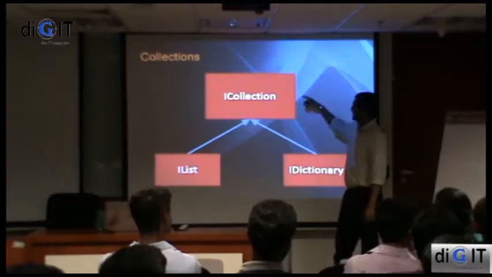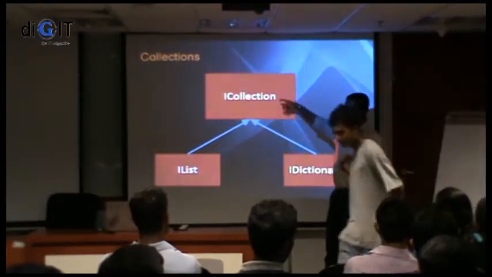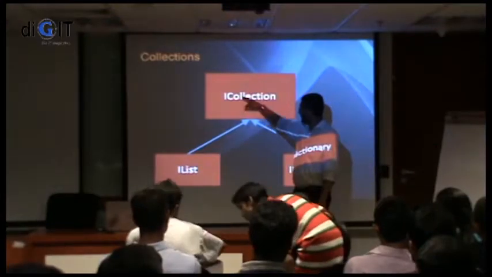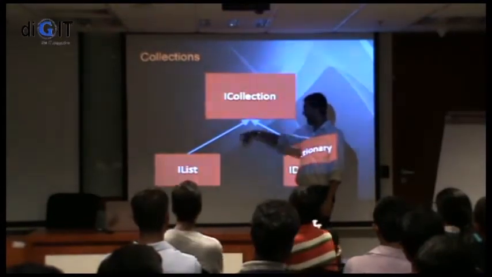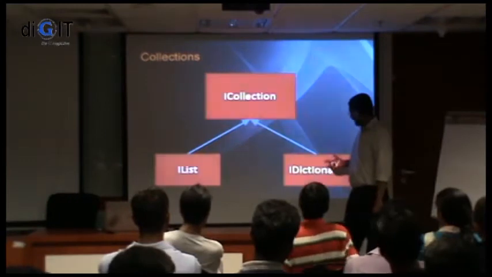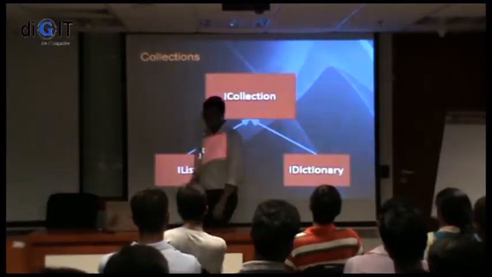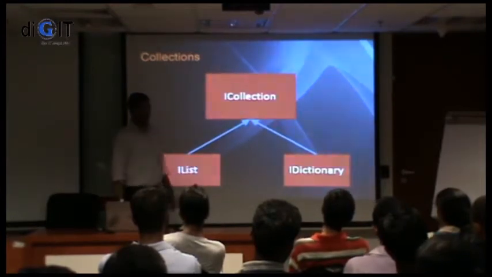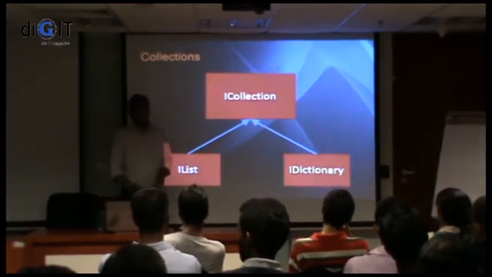So these are non-generic types. The generic counterparts are ICollection of type T, IList of type T, and IDictionary of type T, right? So all these interfaces will be again implementing these 3 interfaces, right?